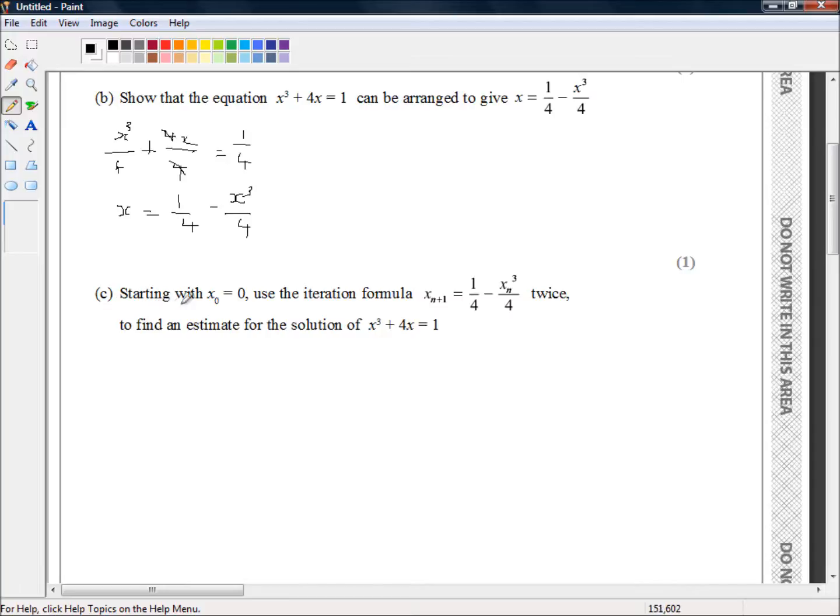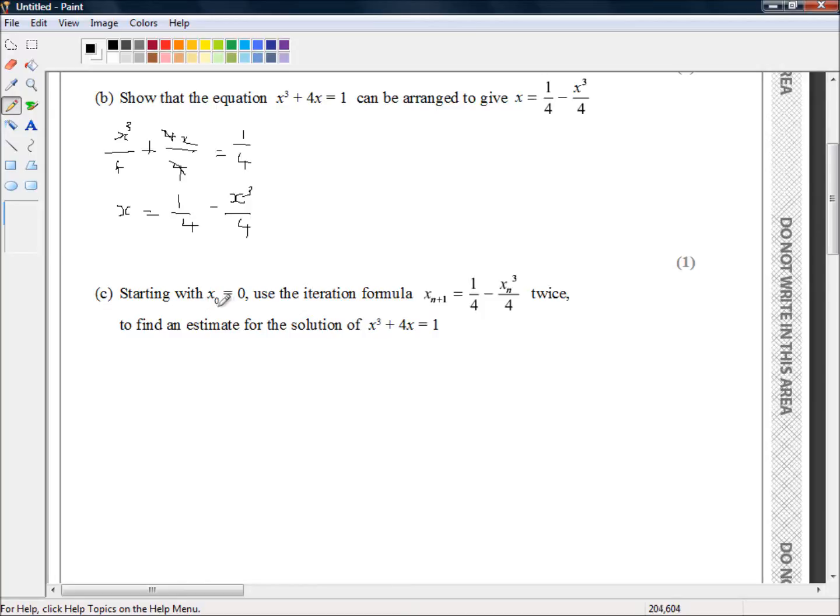Okay, so part C says, starting with x0 equals 0, use the iteration formula xn plus 1 is equal to 1 over 4 minus xn cubed over 4 twice to find an estimate for the solution of x cubed plus 4x equals 1. Okay, so let's just do that.